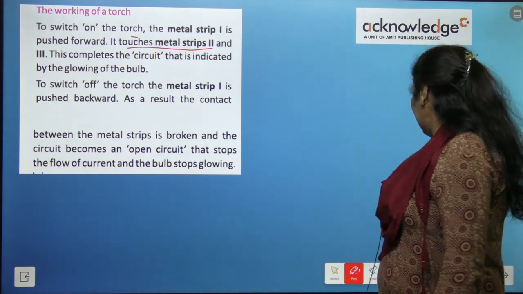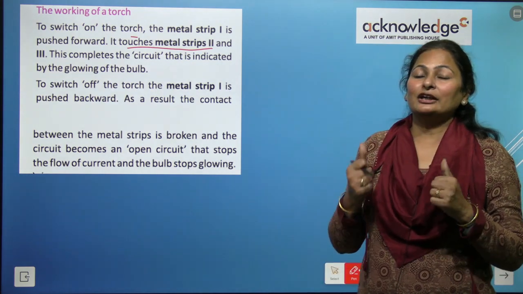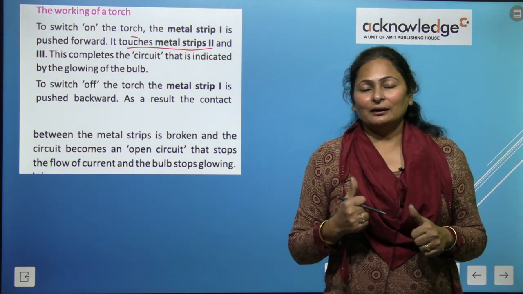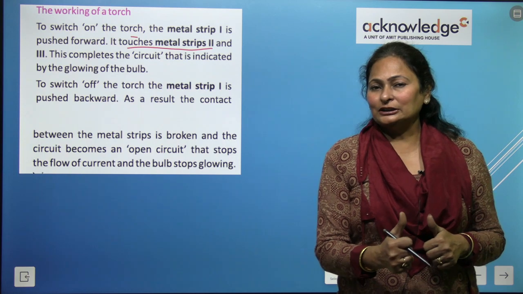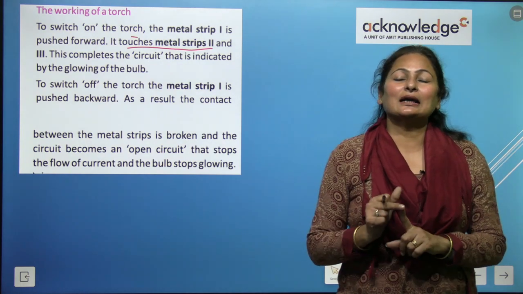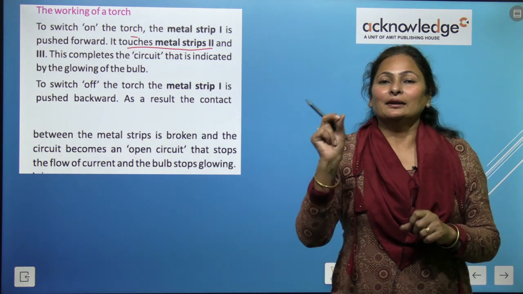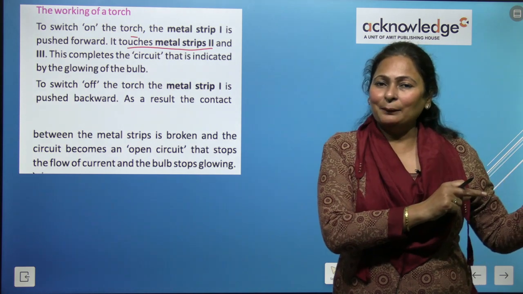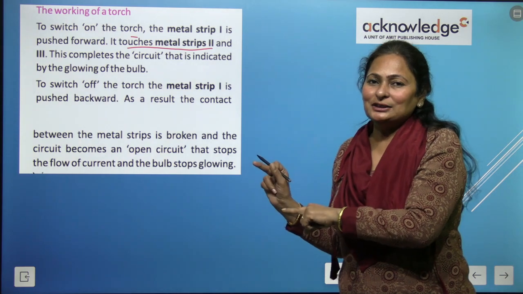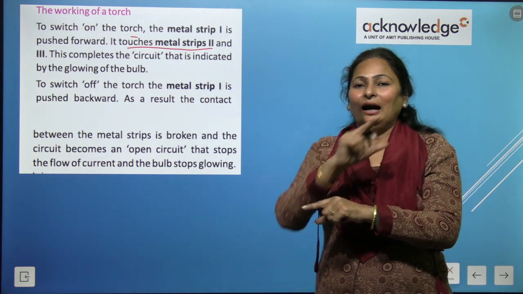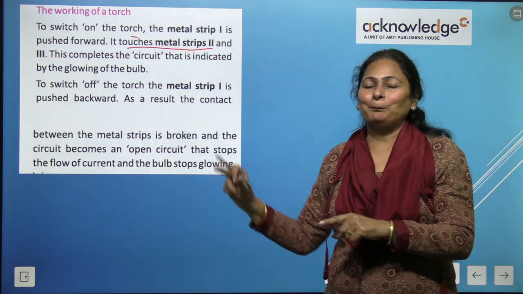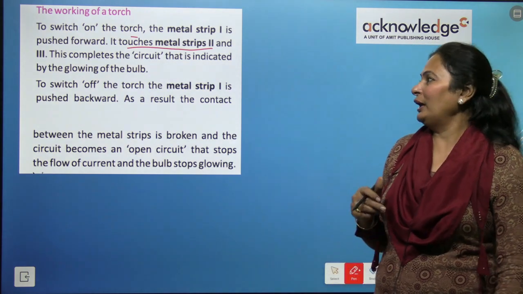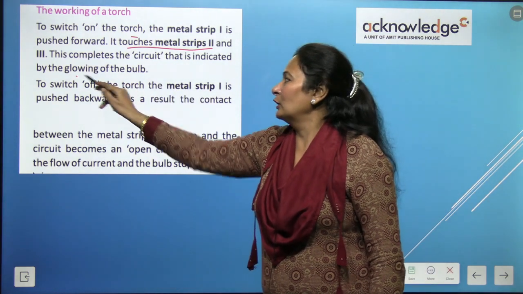So just understand that when we slide the switch forward, the circuit is complete, right? The metal strip 1 touches metal strip 2 and also metal strip 3. And when the circuit is complete, the electricity starts moving and the bulb will glow.